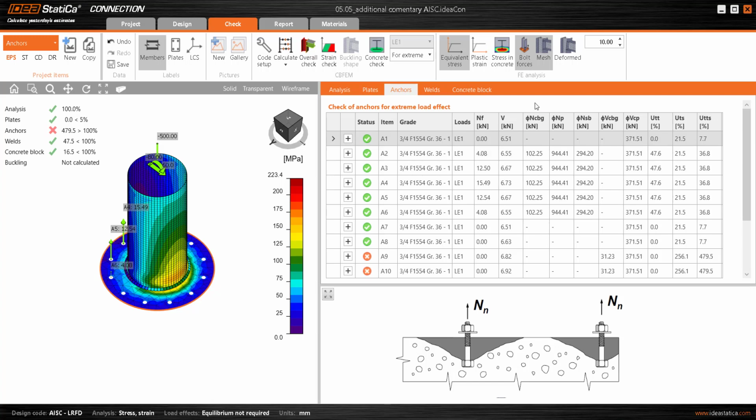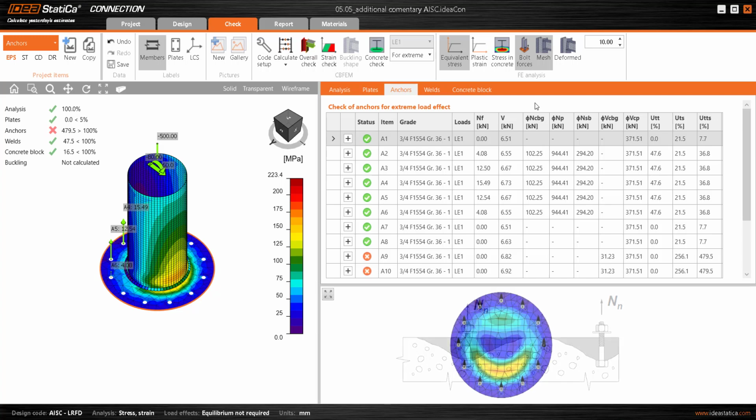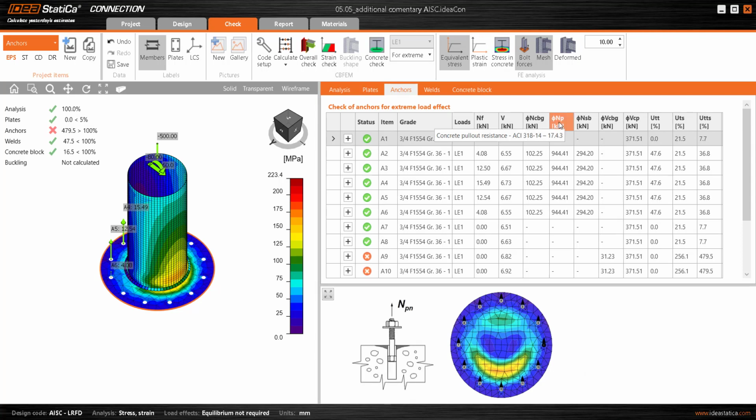What does this depend on? It depends on the position of the anchors themselves and on their geometry. If the anchors are fairly close to one another, they work as a group. If they're very spaced out, they work independently. On the other hand, we have the breakout resistance of the anchor, or the slip resistance. Basically, this is a check that only appears when we have anchors with washers on the ends.